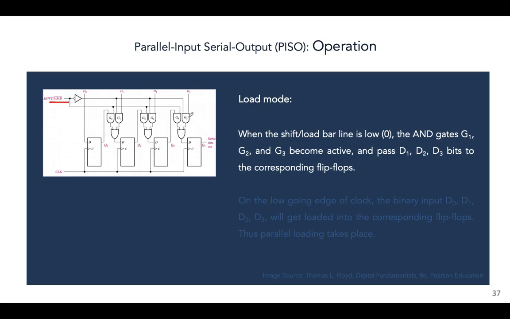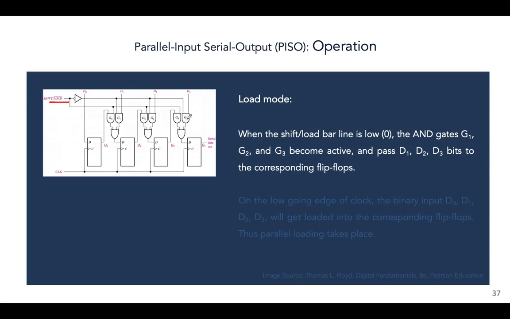Now, again, this has to do with the basic concepts that you read about when you learned about gates. So we're not going to be repeating that right now. You have to understand how a NOT gate works, how an AND gate works, how OR gates work. So you can just pause for a minute, go back and refresh the concepts and then come back. So when this line is low, when this is 0, G1, G2 and G3 become active.